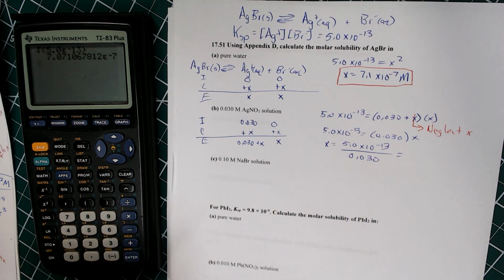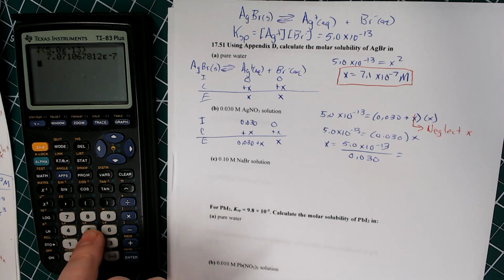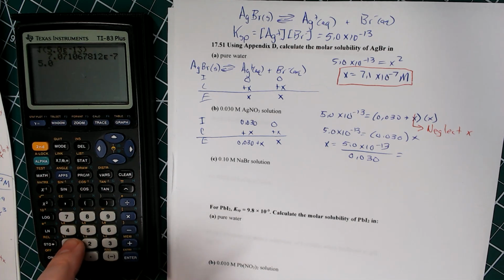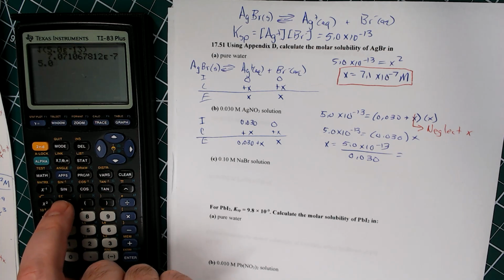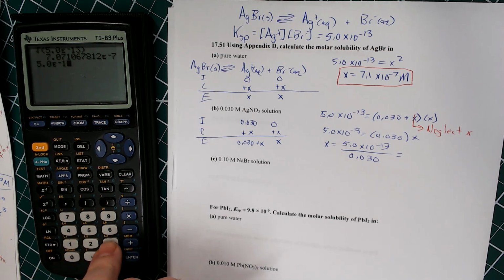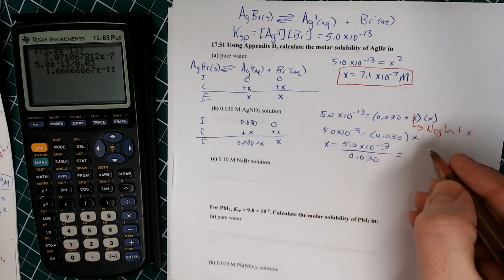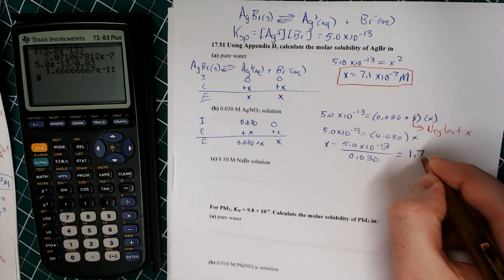All right, and that's easy enough to figure out. It's going to come out to, what, 1.7 times 10 to the negative 11, something like that. Let's go ahead and punch it in because we don't want to do that in our heads. So 5.0 times 10 to the negative 13, divided by 0.030. So 1.7 times 10 to the negative 11.